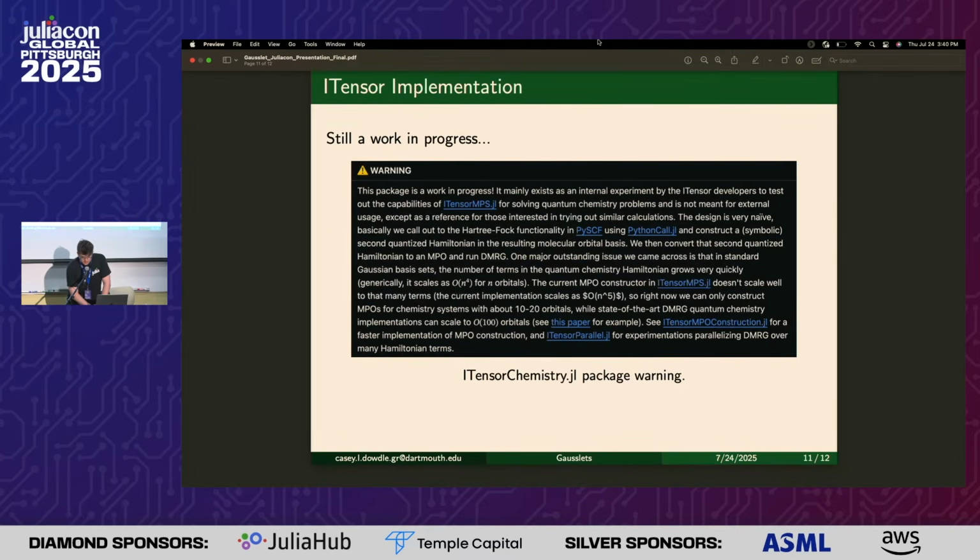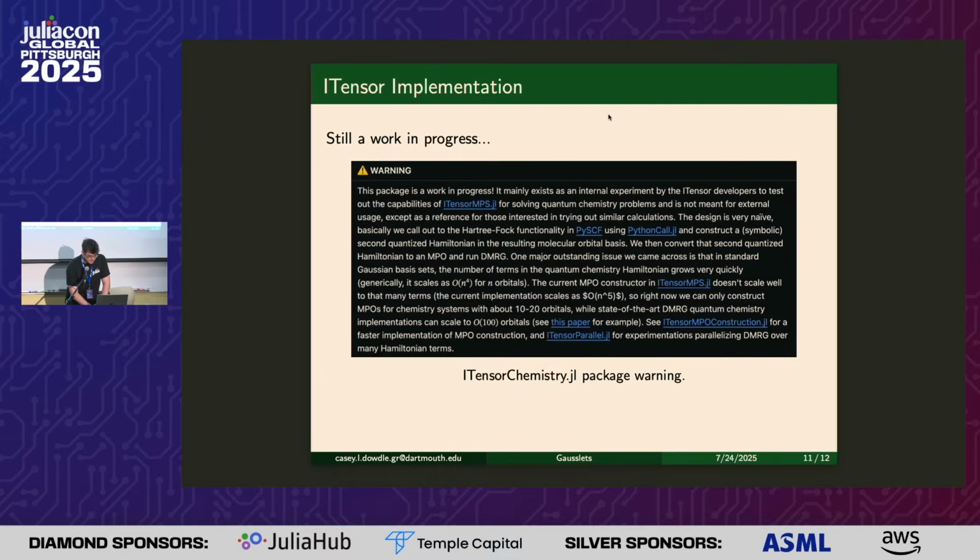The iTensor implementation is still a work in progress. There's a package called iTensor Chemistry, which would be really nice to use. However, if you look at the package, this is the first thing that pops up at the beginning: basis sets typically scale like order n to the fourth for n orbitals.